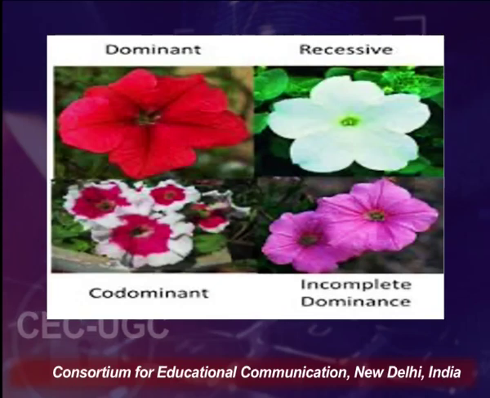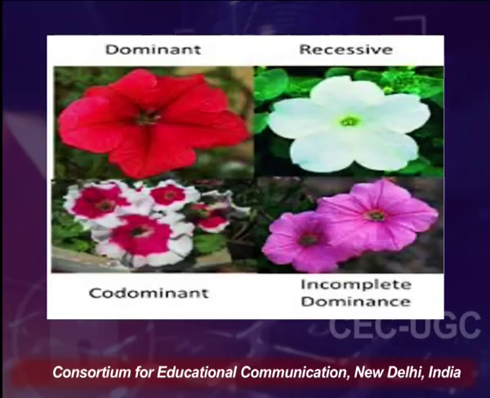When we are talking about different traits, different genes, these genes are present on different chromosomes. In humans, as we are studying human genetics, we have 23 pairs of chromosomes. Why 23 pairs? Because 23 chromosomes come from our mother and 23 chromosomes come from our father.